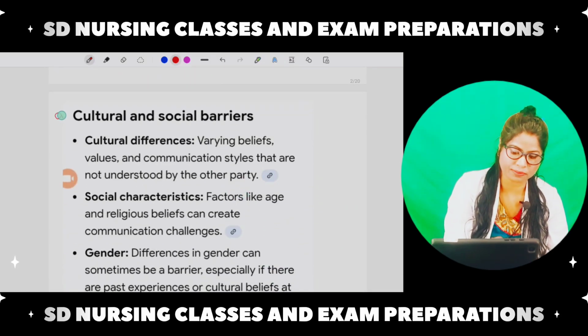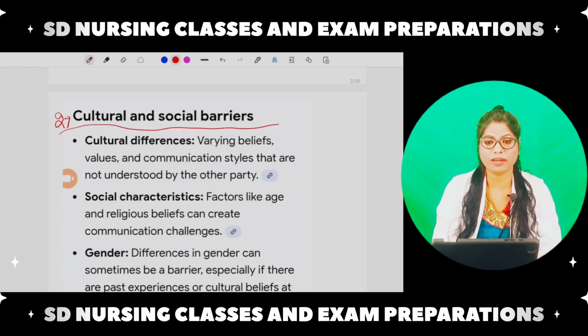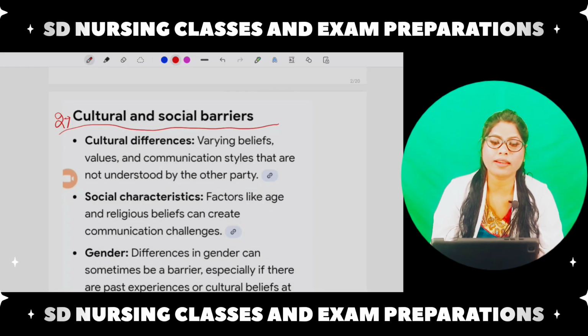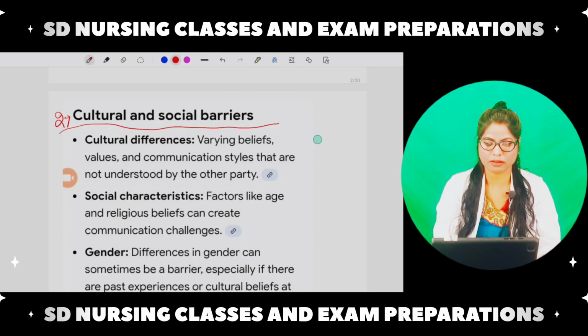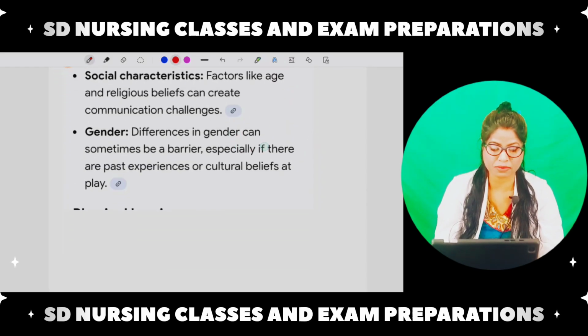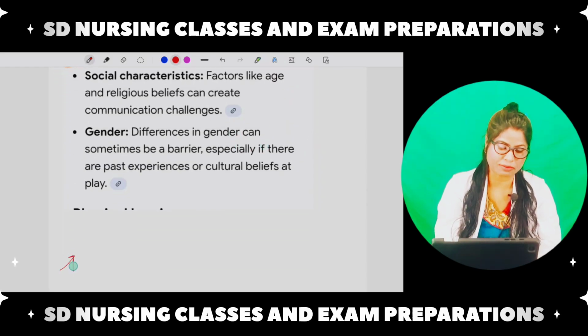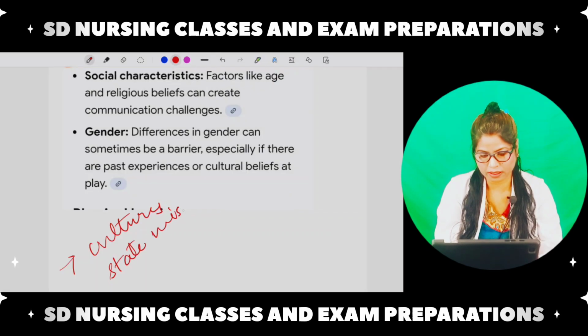And second is what? Cultural and social barriers. So what do cultural and social barriers mean? In India itself there are so many types of culture, state wise it may differ.